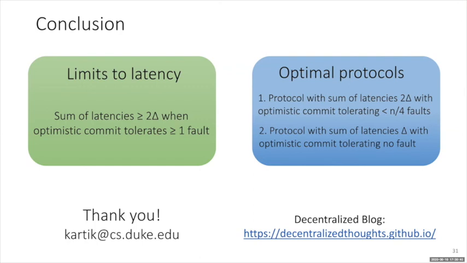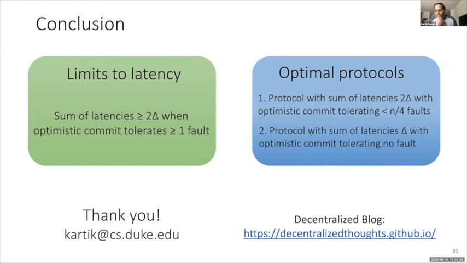Non-authenticated, yes. So remember, the motivation for why we are doing this is we want to tolerate at the synchrony a minority corruption, more than 33% faults. And over there, we want to achieve optimal latency. And optimistic responsiveness is interesting under that situation.